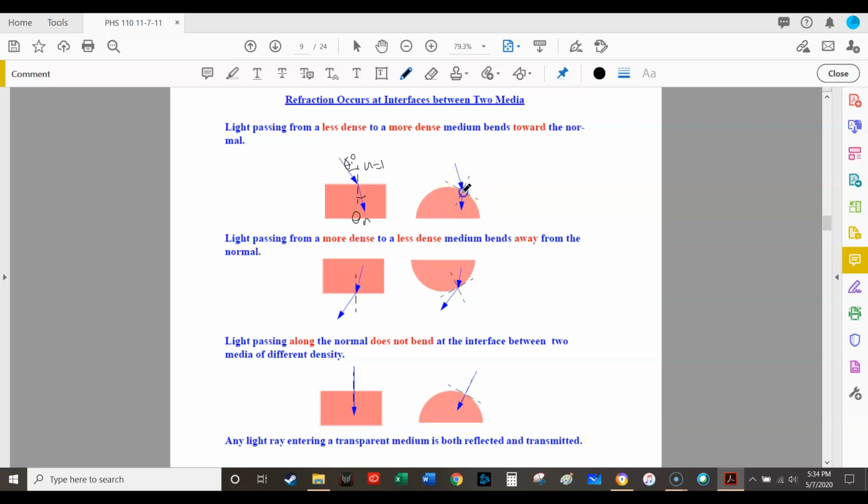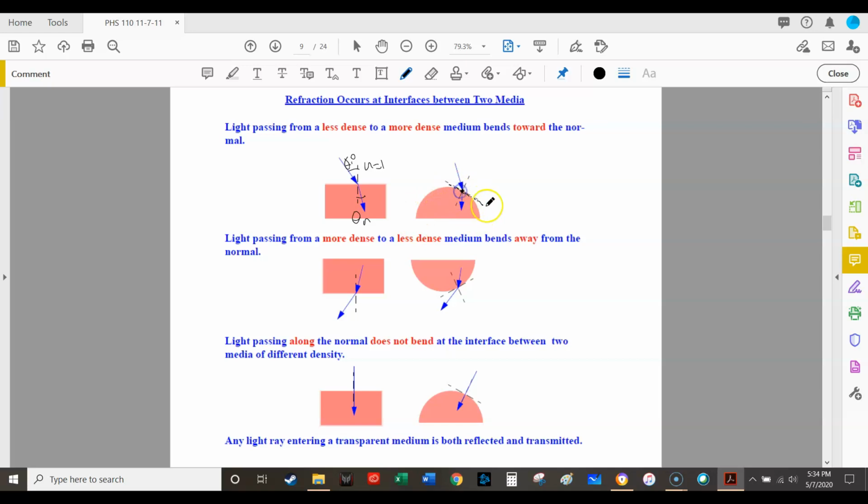You have to think of where the incident ray is intersecting the interface, and the interface is now going to be at a tangent to this circular surface.